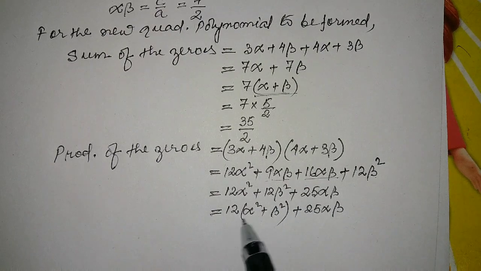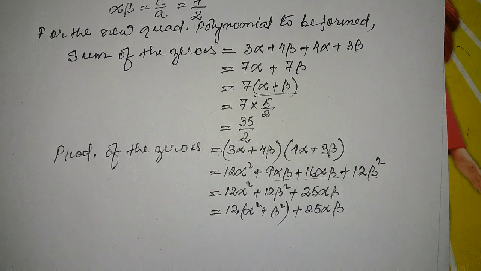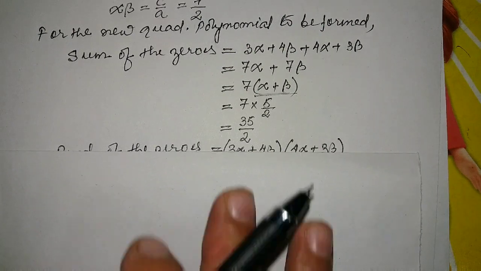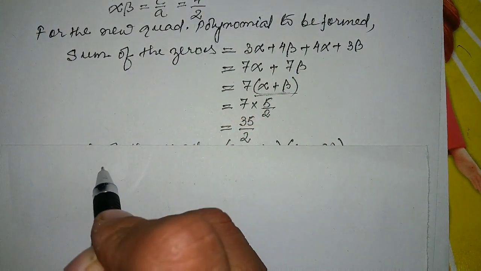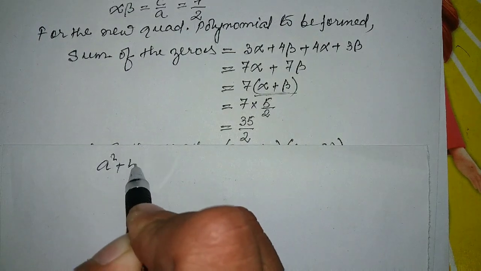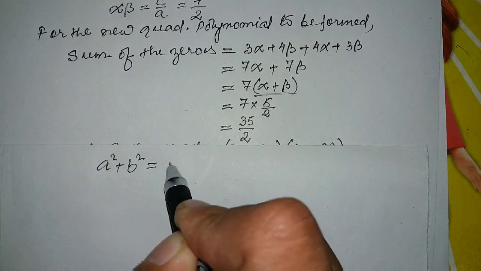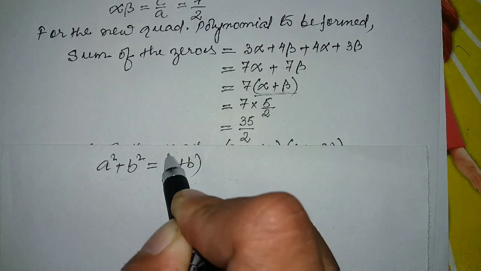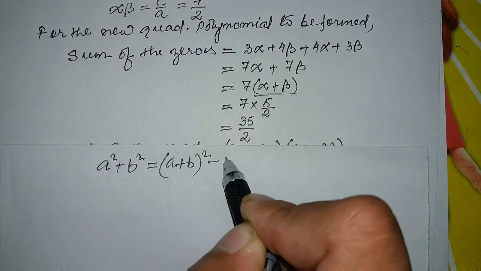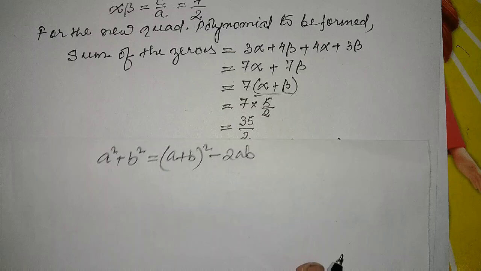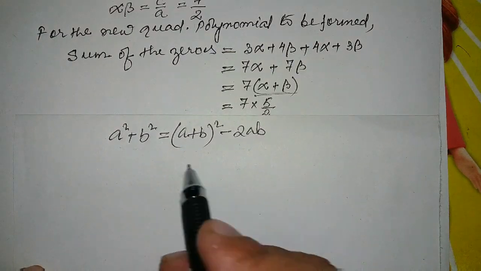So in order to get alpha plus beta, we're going to apply this formula. The formula is a square plus b square is equal to a plus b whole squared minus twice ab. Now I will show you how we get this formula.